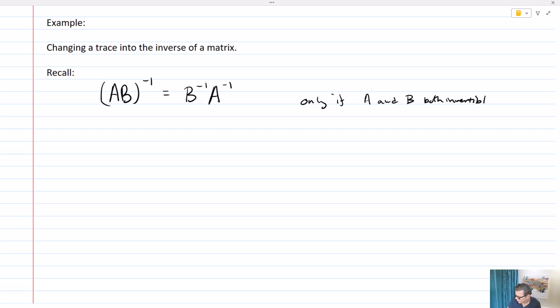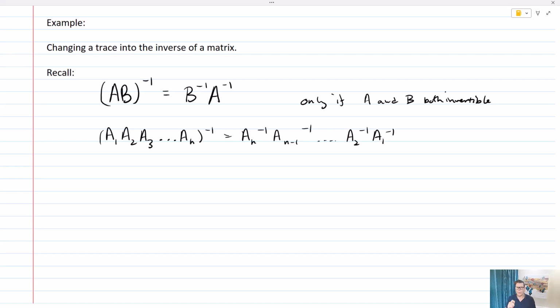Now, it's not only the case that we'll have AB inverse equal to B inverse A inverse, but also if I have A1, A2, all the way to AN inverse, that ends up equaling AN inverse, AN minus 1 inverse, all the way down to A2 inverse, A1 inverse.